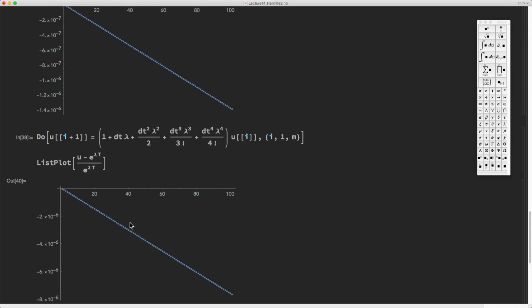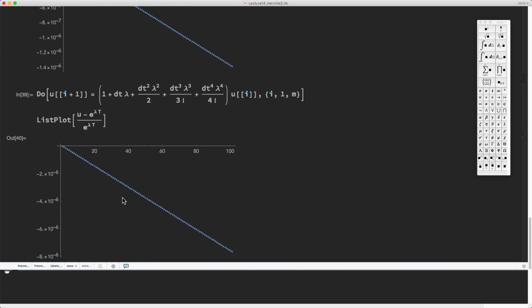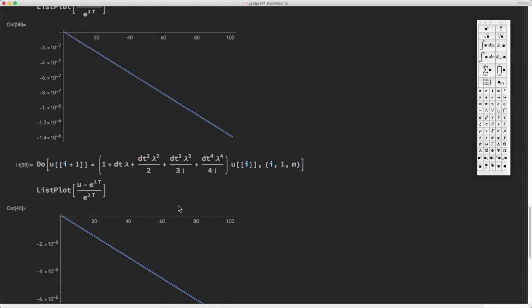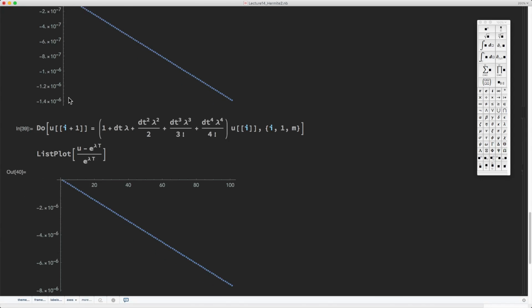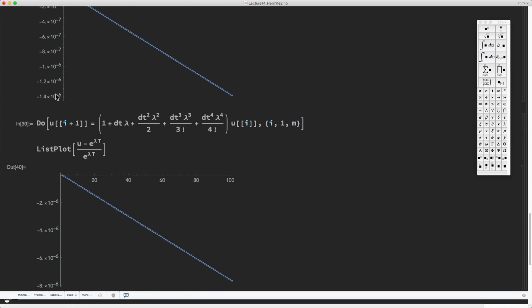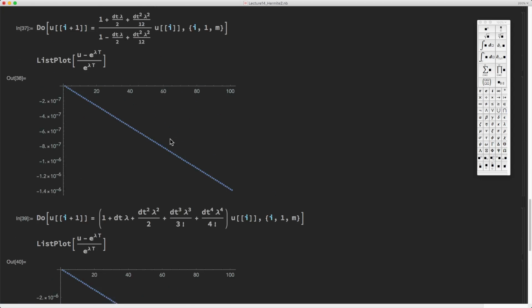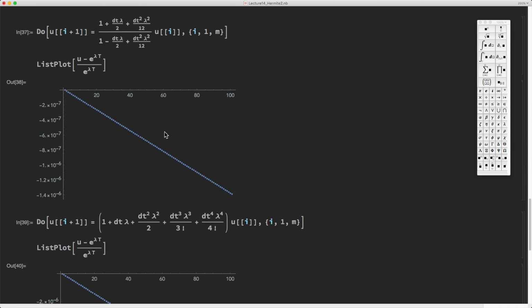So let's try this, and you see that the accuracy is sort of comparable, but it's still about 1 order of magnitude higher accuracy for Hermite rule compared to the Runge-Kutta fourth order method. And again, the accuracy is better here, but there's also the time symmetry property to consider, which is very important, as we will see soon.